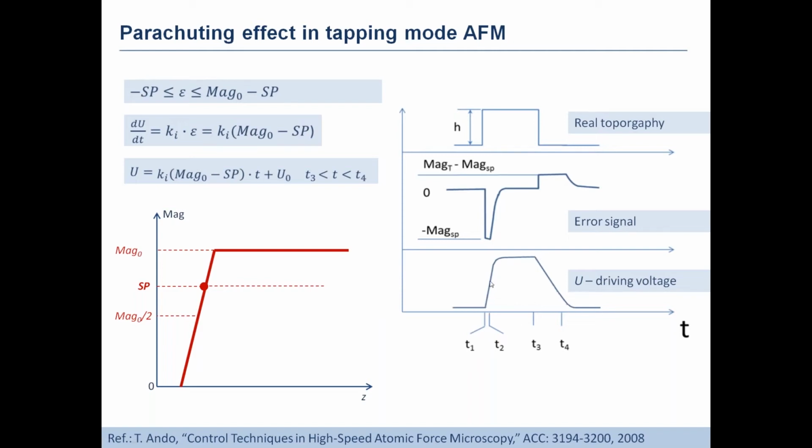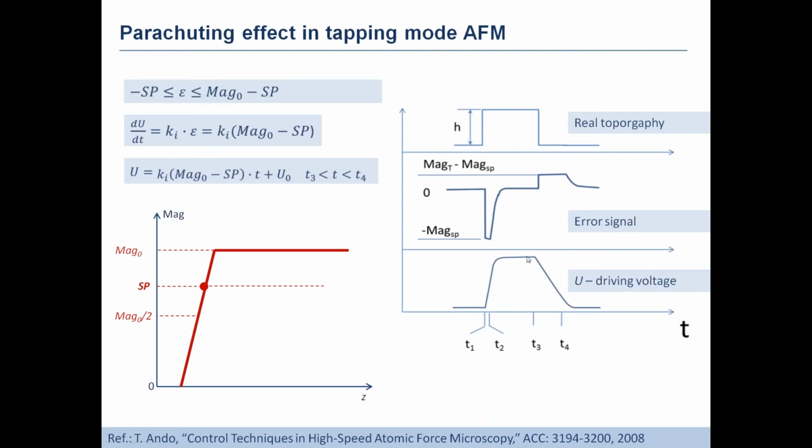We have the linear dependence on the beginning and in the end of the sample with the different inclinations. The inclination of the part that corresponds to the situation where we jump from the step is lower, and this effect is called parachuting.